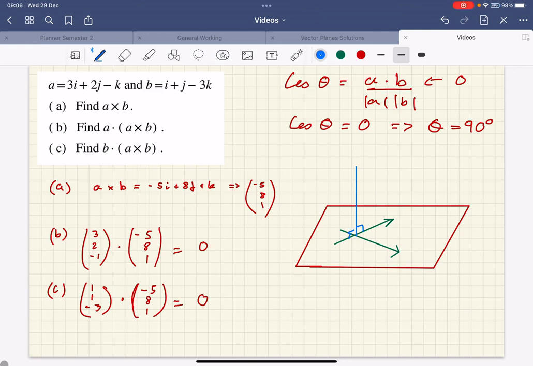So if we have A cross B, it gives me a vector perpendicular to A and perpendicular to B. And this is going to be very useful as we move forward with vectors.